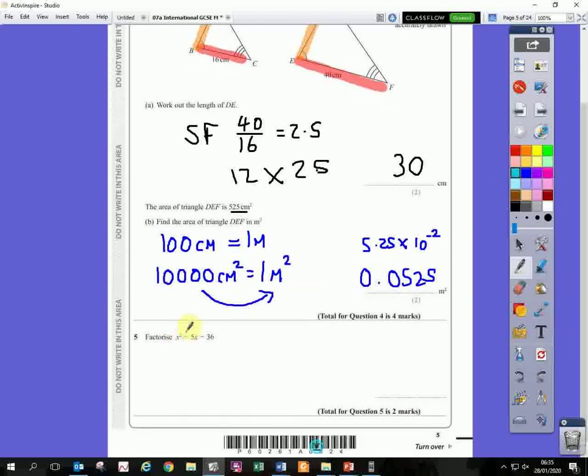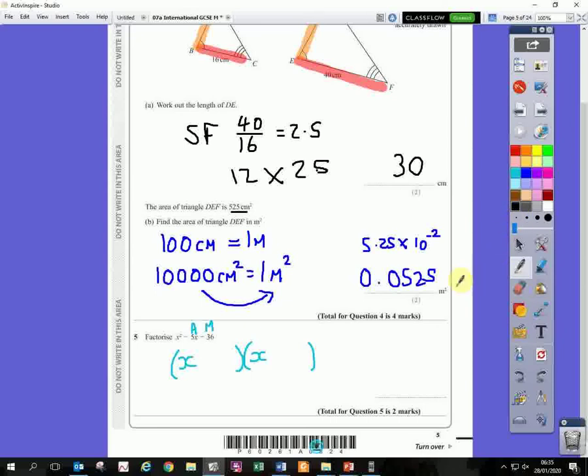Next question, factorize. I like to use a method called the AM method here, where we draw our two sets of brackets, write an x at the start of both, and we figure out two numbers that add to make negative 5, but multiply to give negative 36. So think of your factors of 36. There are plenty of them.